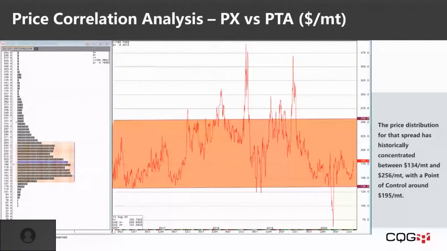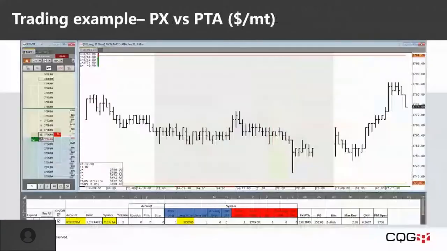So what you can do here is use biased analysis of the particular spread.